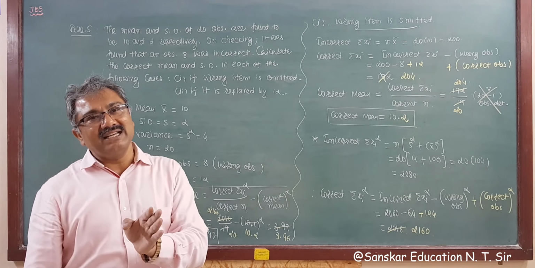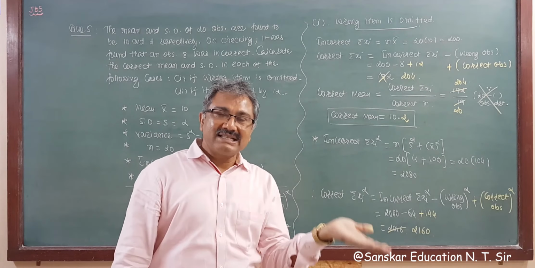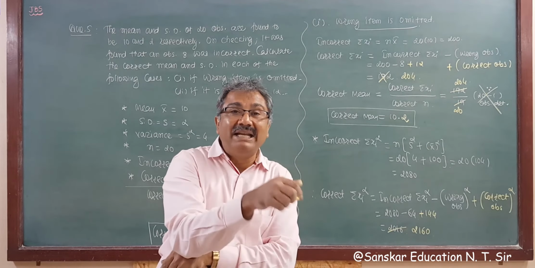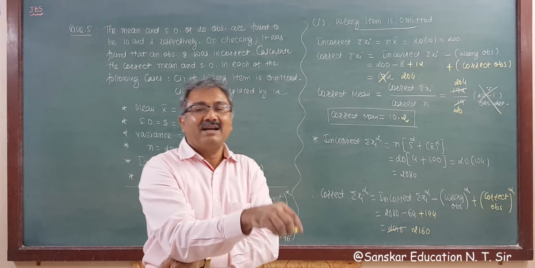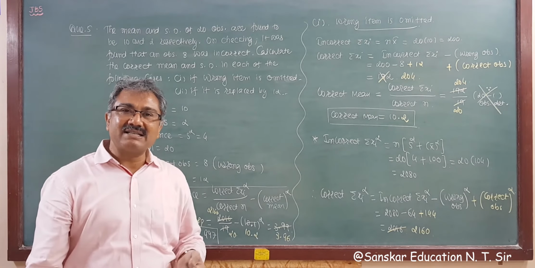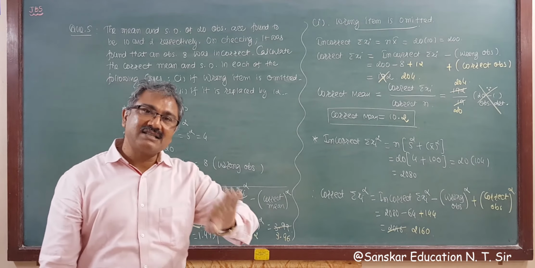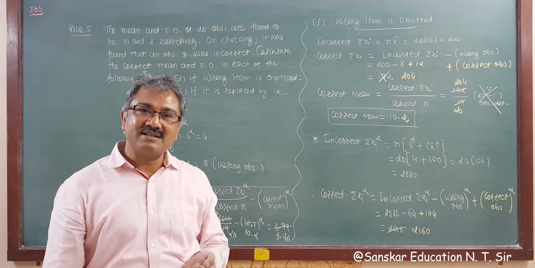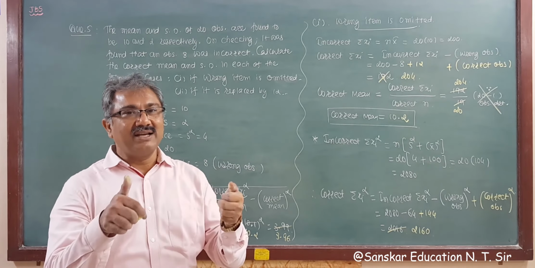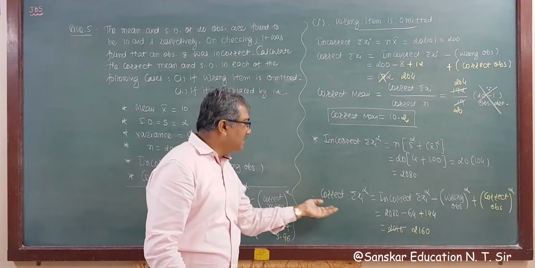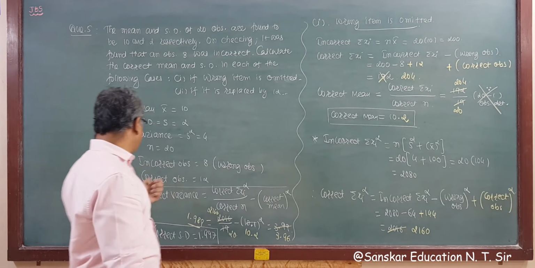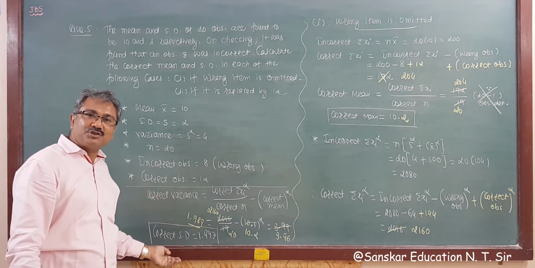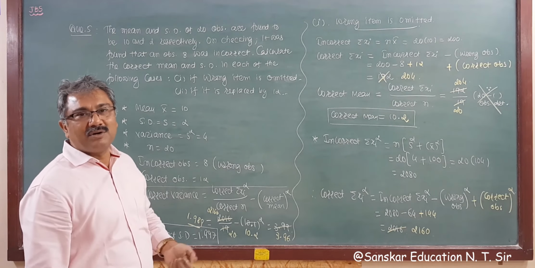Correct sigma xi means wrong sigma xi minus wrong observation and add the correct one, because we need correct observations. And for correct sigma xi square, wrong minus wrong observation square and plus correct observation square. Then applying the formula, you get your correct mean and correct variance. If you want standard deviation, take the positive square root and you are able to find it.